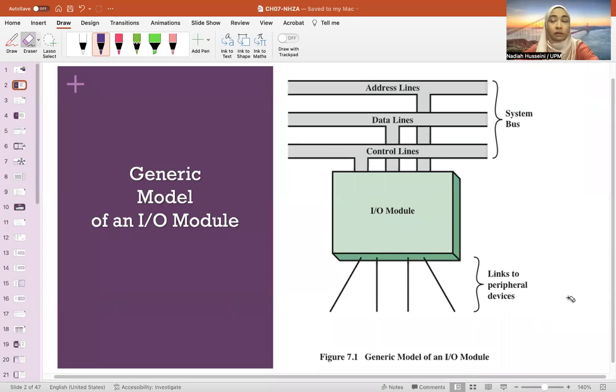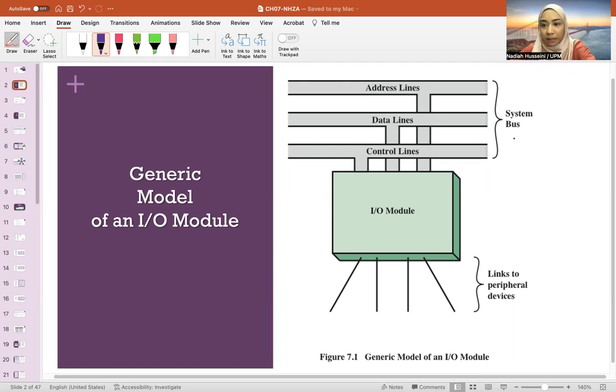You can also categorize CD-ROMs as peripheral devices. Anything that is external to the computer is considered a peripheral device, something that you have to attach. And then the I/O module is connected to a system bus.